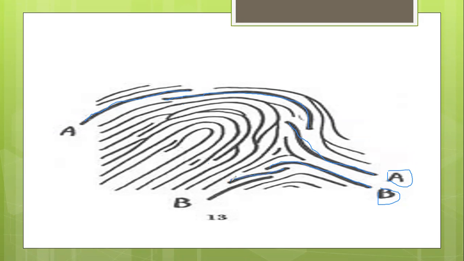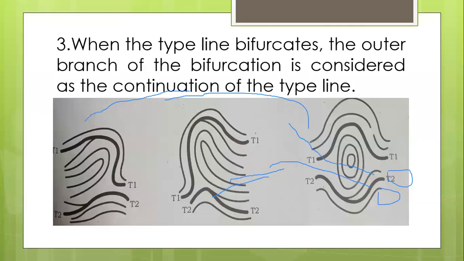And then, bigla naman naputol, and we're looking for the outside ridge, which will be the continuation of our type line. Kaya itong si A, type line 1, and si B is considered as type line 2. Kuha?